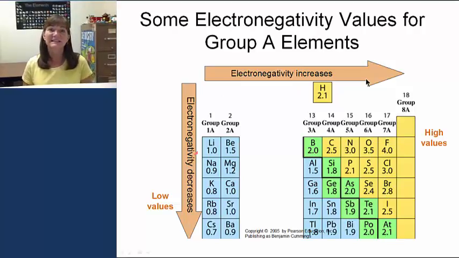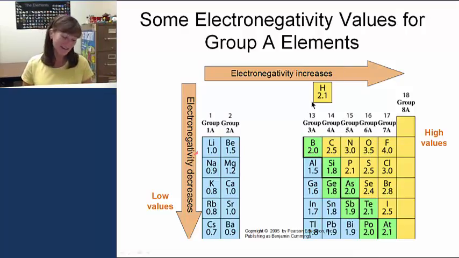So this is the same trend that we saw with the atomic radius and also the ionization energy. Atomic radii get smaller as you move to the right and bigger as you move down. The ionization energy gets less as you move down but bigger as you go to the right.